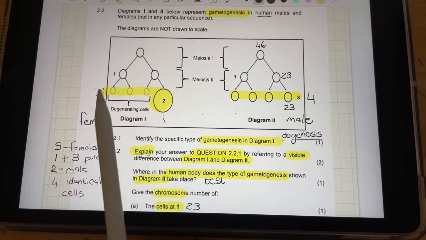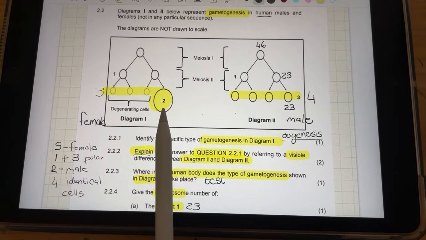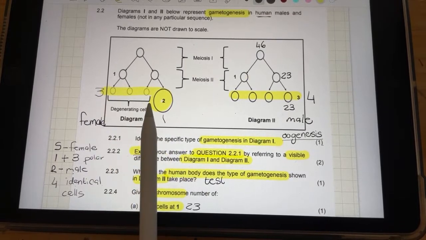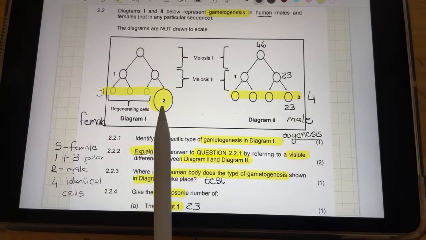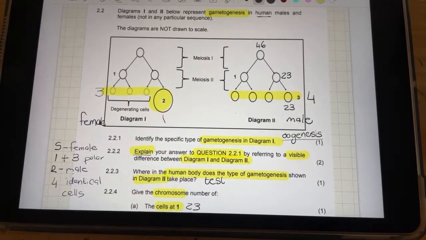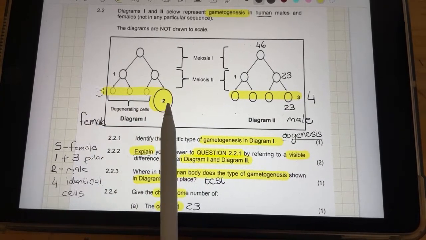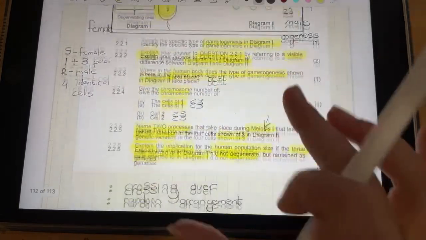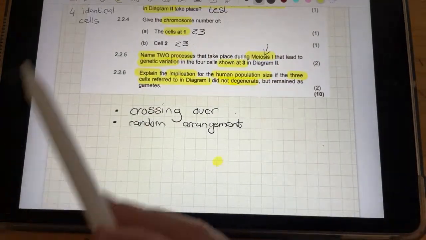So we had 4 eggs instead of just 1. Basically, what they're saying is, if women were making 4 eggs a month versus 1 egg a month, what are the implications on the human population? And hopefully you can all guess. Basically, it would quadruple our population. We would go from having 1 baby per woman to potentially 4 babies every time from every woman. That's basically what they want to get at, right?